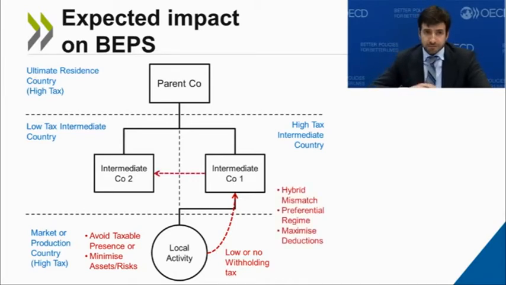And the income in that jurisdiction is very lightly taxed, either because deductions are maximized, because hybrid mismatch arrangements are used, or because there are preferential regimes in place that basically allow the income to be taxed at very low rates and be transferred to the ultimate intermediate company, usually in a no-tax jurisdiction, without any withholding tax at source. How? Maximizing assets and risks, usually under intra-group contracts in this jurisdiction.